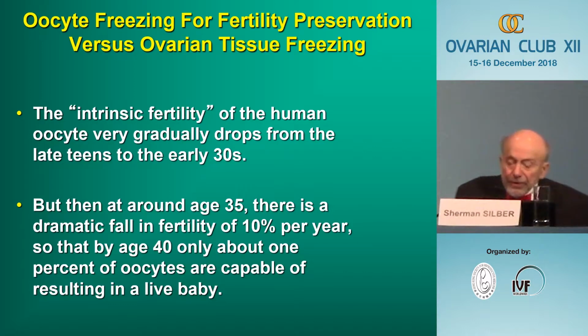I talked a bit about this yesterday, but the issue is the intrinsic fertility of the human oocyte is totally age dependent. So you'd love to be able to freeze eggs in women who are in their 20s and not when they finally show up at your clinic at age 38 or age 40 wanting to do social freezing.